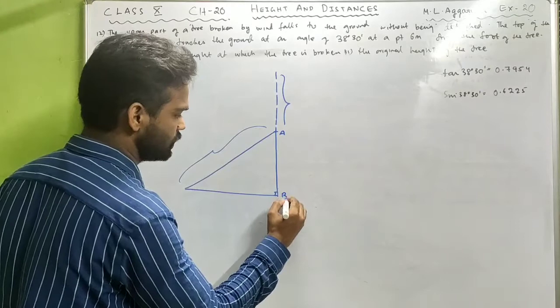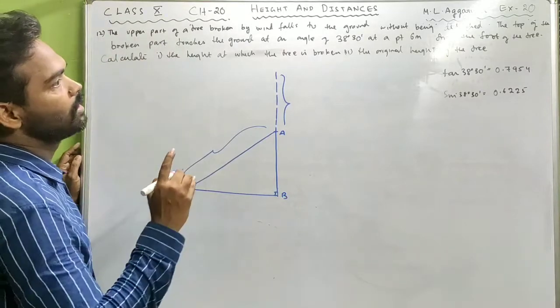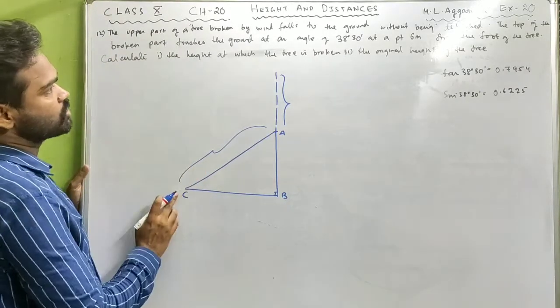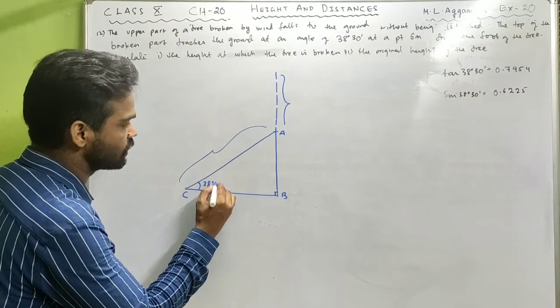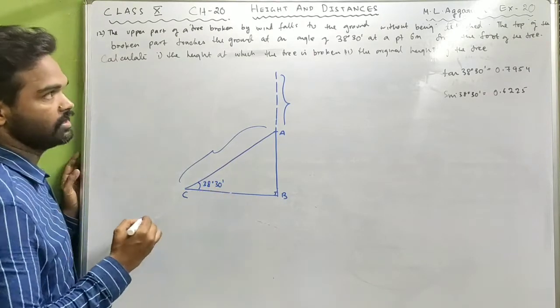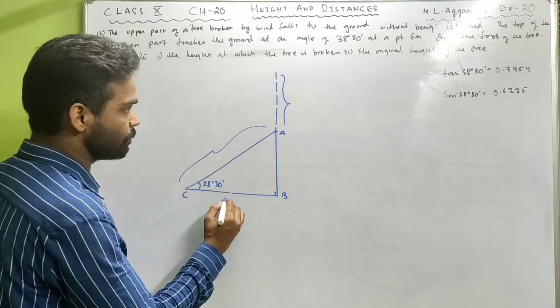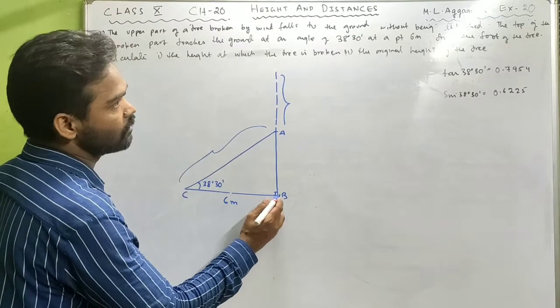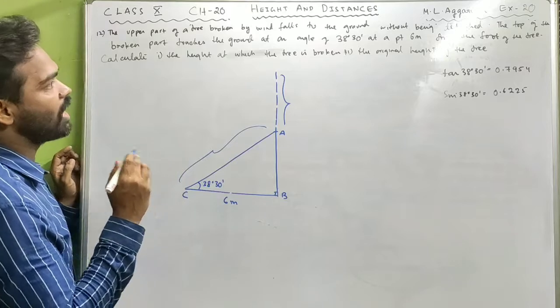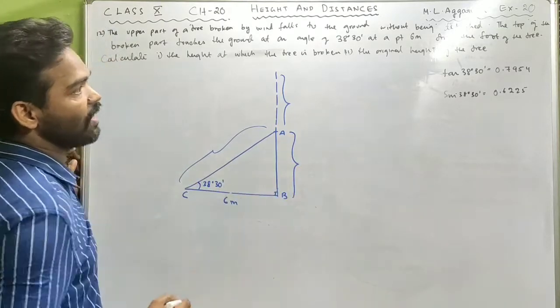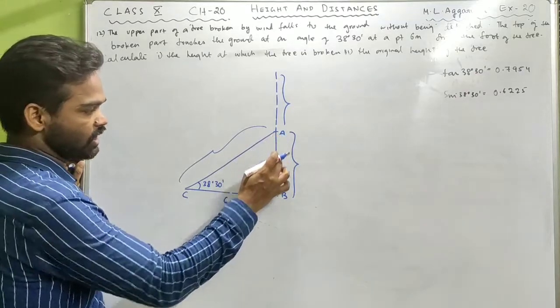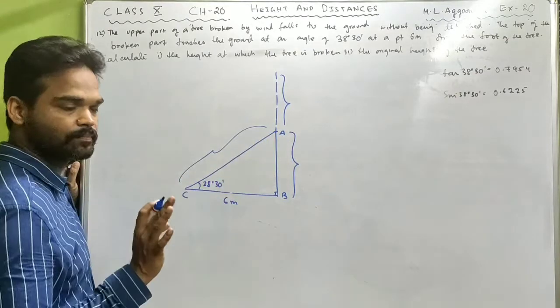A, B, C. The top of the broken part touches the ground at an angle of 38 degrees 30 minutes at a point 6 meters away from the foot of the tree. Calculate the height at which the tree is broken, which means this height, and the original height of the tree, which means AB plus AC.